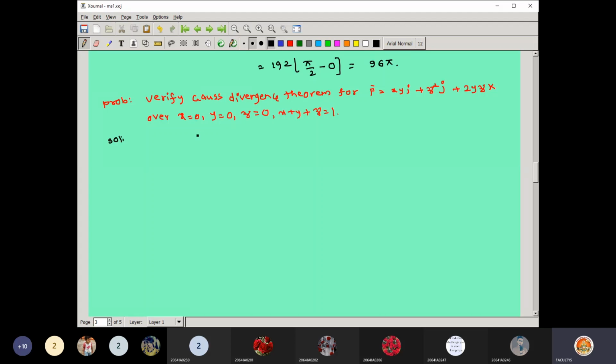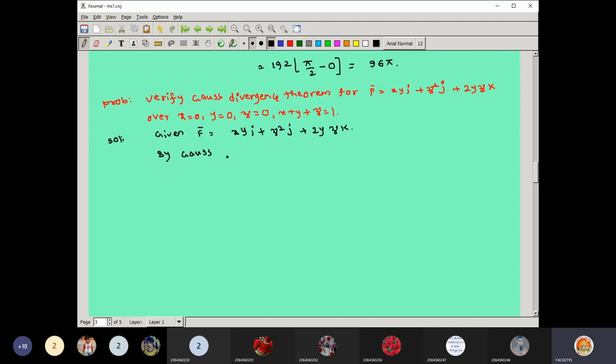So before entering into that, first you write down what they have given. Given f bar, this is nothing but xy i plus z square j plus 2yz k they have given. So corresponding to this particular vector point function, you write down the Gauss theorem.